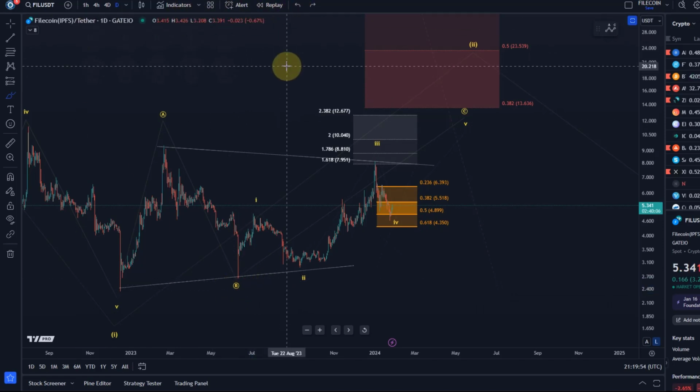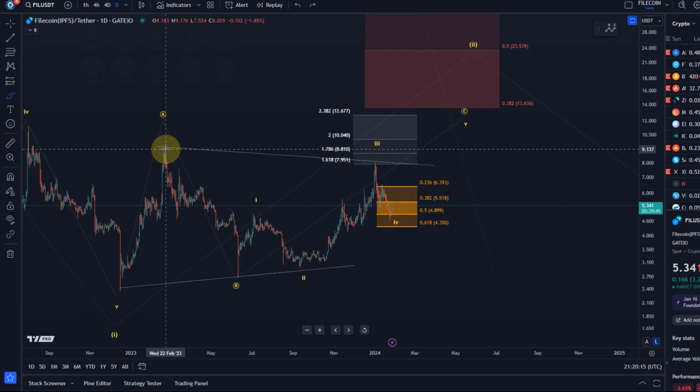I'm just in parallel watching for a triangle which might form here. It's just a bit too early to confirm it, but it just doesn't have the right look for this C wave to the upside. I can tell you that. Because what do we have on this chart? We have quite an aggressive A wave to the upside, which peaked in February 23. We have a very deep B wave, which is okay for a B wave.